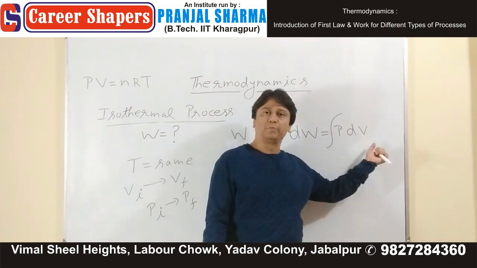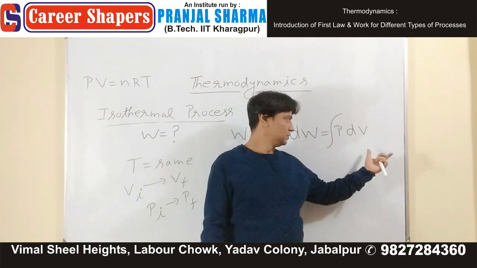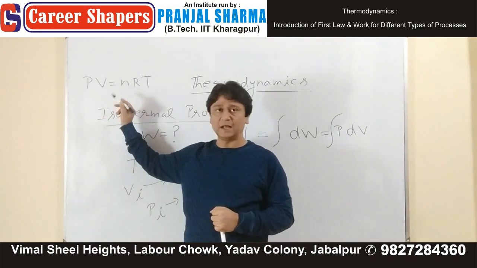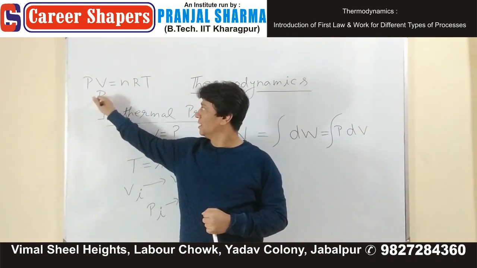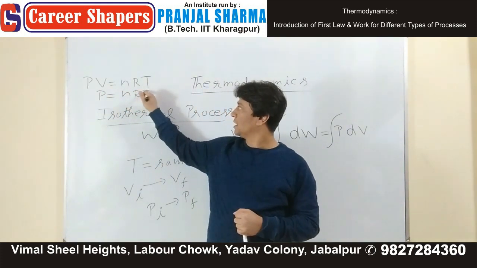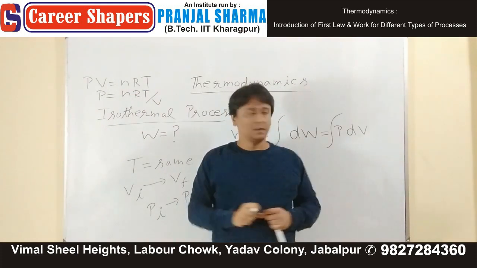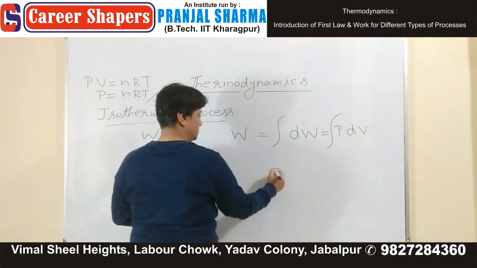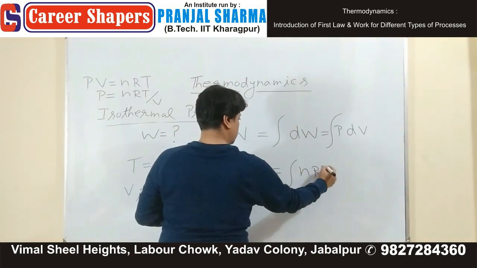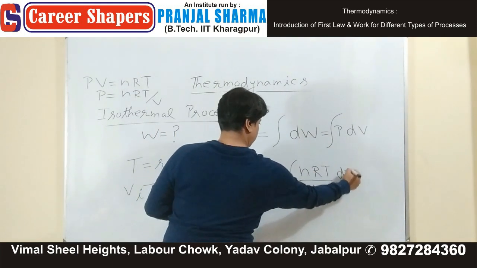Either everything should be in terms of P or everything should be in terms of V. But look here, this equation tells us that P can be written as nRT divided by V. That means this P is nRT divided by V dV.